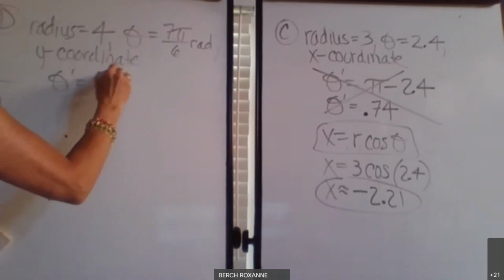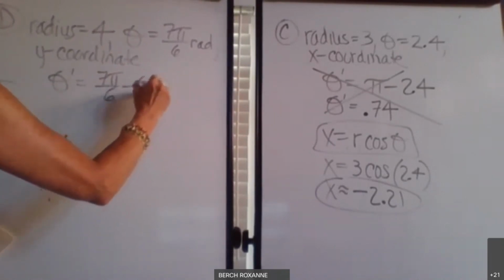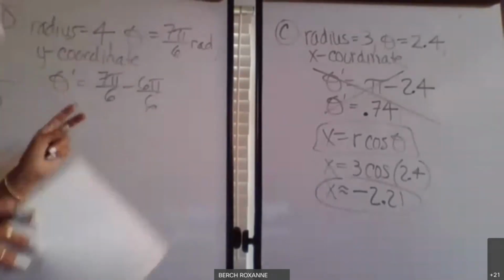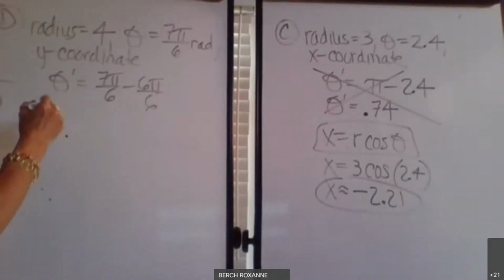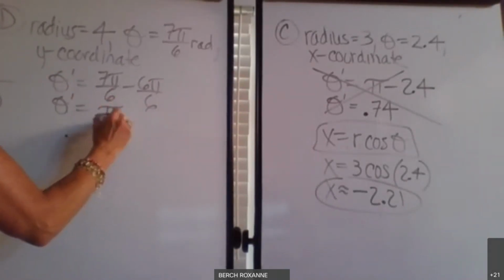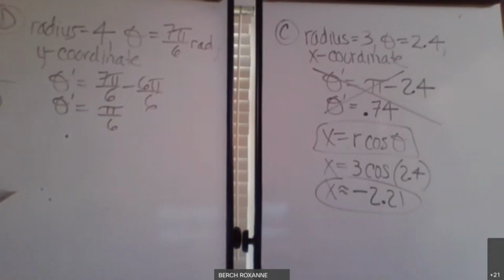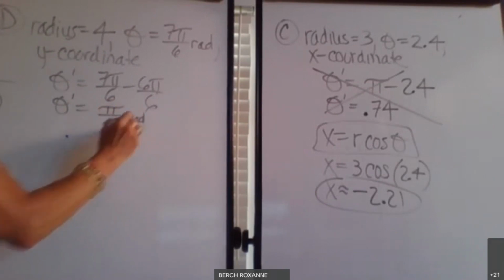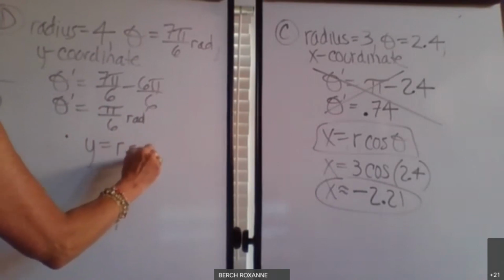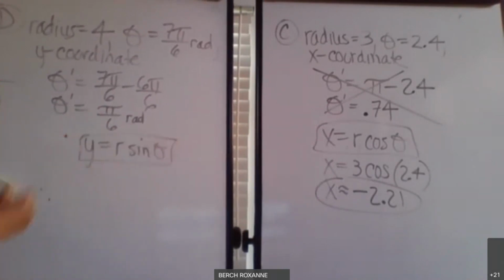So we take 7 pi over 6 minus 6 pi over 6. And like I told you, it doesn't matter the order or anything. Just get a positive acute angle in the first quadrant. So what's the reference angle? Pi over 6 radians. All right. So now we take y equals r sine of theta.